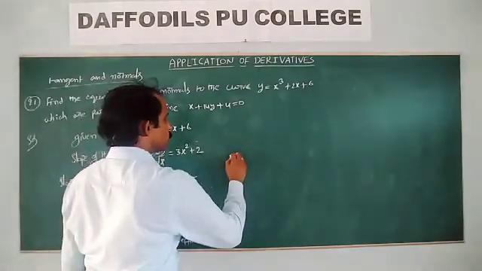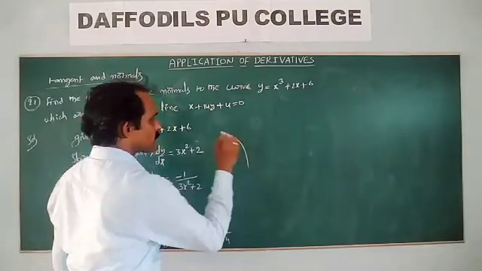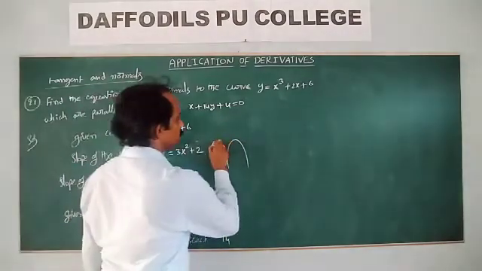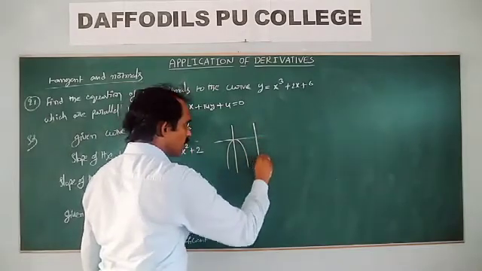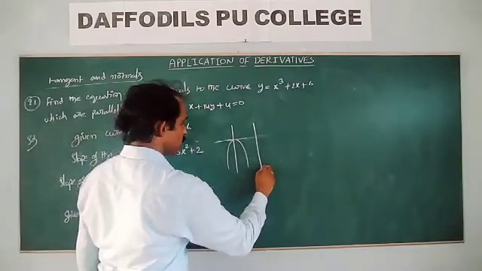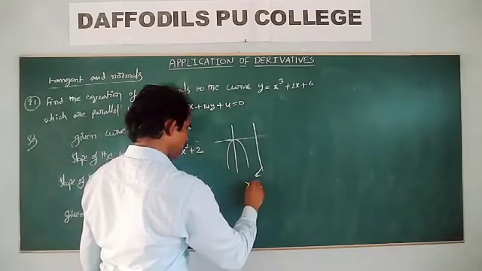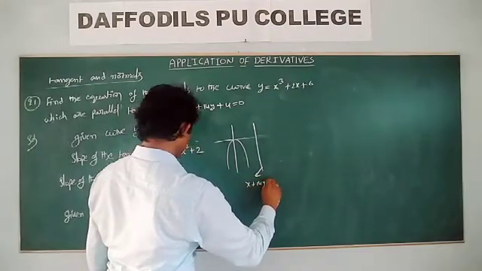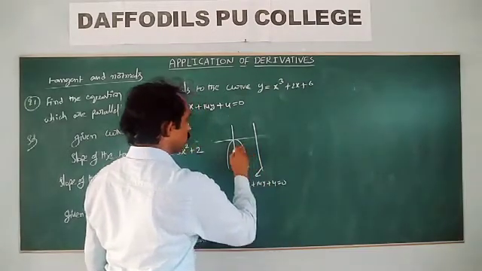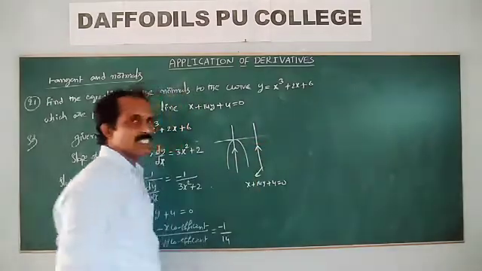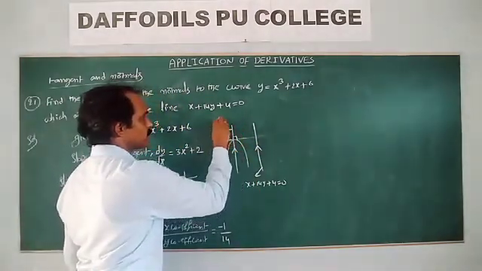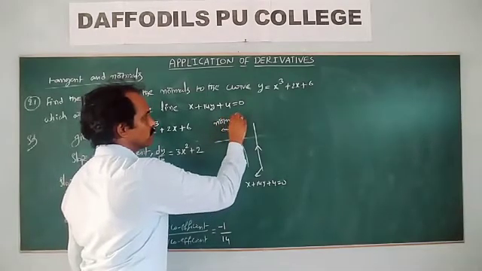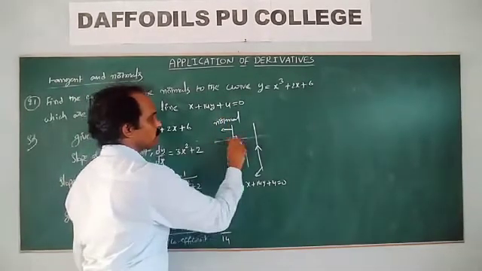Suppose this is the curve. For example, this is the tangent, this is the normal, and this is the line. What is this line? This line is x plus 14y plus 4 is equal to 0. This normal is parallel to this line. This is the normal, perpendicular to the tangent.